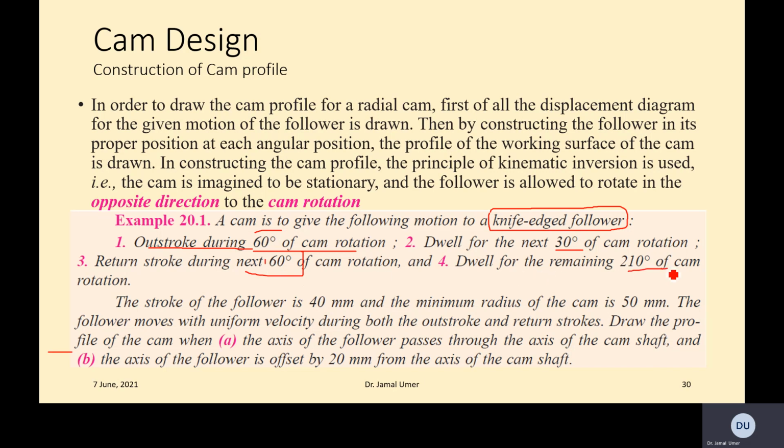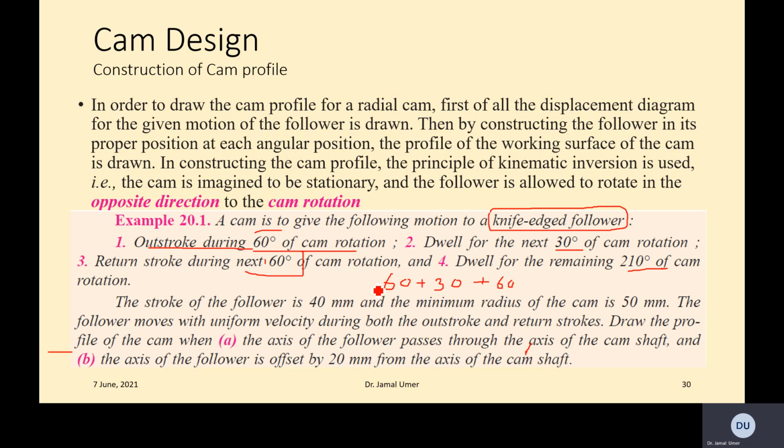So basically, 60 for forward, then dwell for 30, then 60 for return.